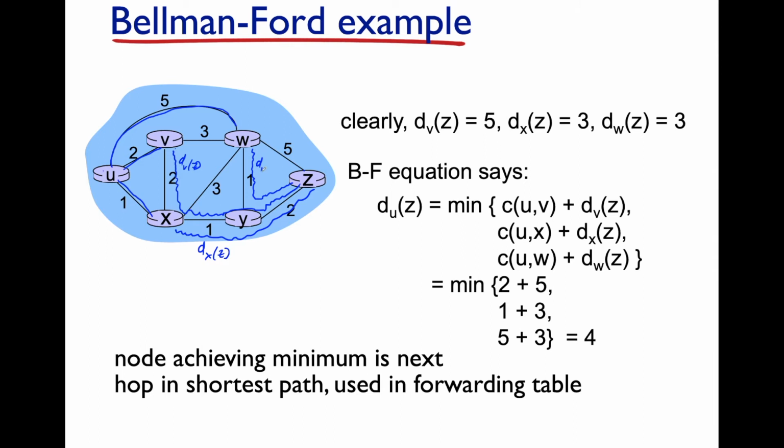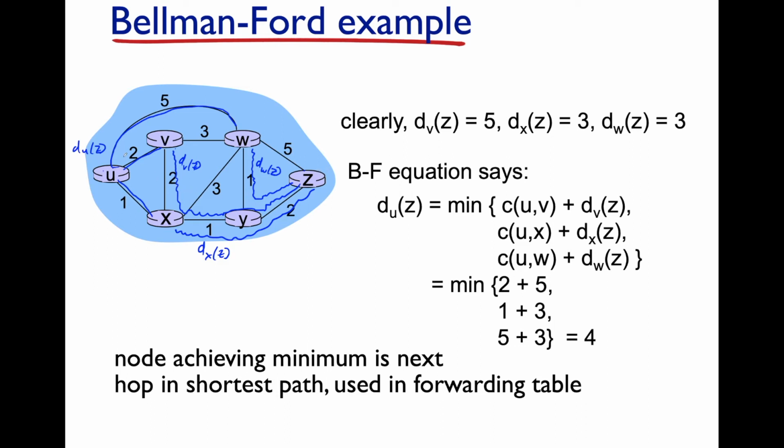That's going to be D sub W of Z. So now, if we want to find D sub U of Z, we're going to go intermediate between one of U's neighbors, and then from that neighbor on the least cost path to get to Z. So we have the cost of U to V plus that D sub V of Z. And then we can go indirectly from U to X, cost of 1 by that link, and then from X, D sub X of Z, get from X to Z at that cost.